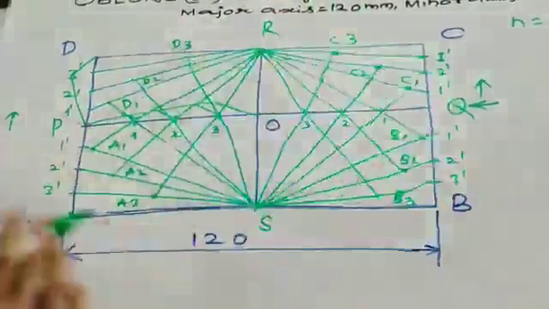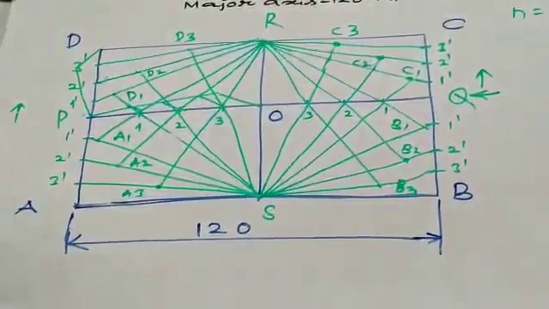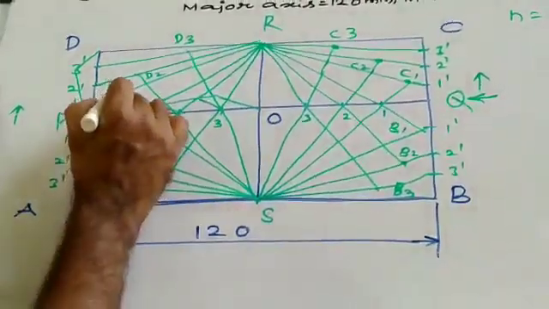You obtain the consecutive points. Now all the points are going to be joined.